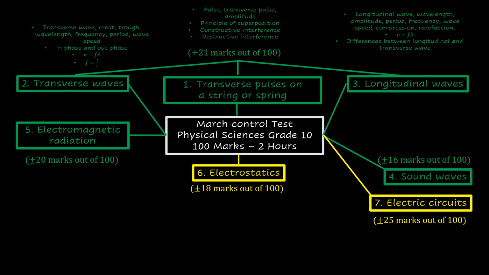So what are the differences between a longitudinal wave and a transverse wave? I've done videos on all of these things on this channel, so you can just scroll down the channel and you'll find these videos. And another thing is, with transverse waves, you also need to be able to determine the frequency f, which equals 1 over the period T.